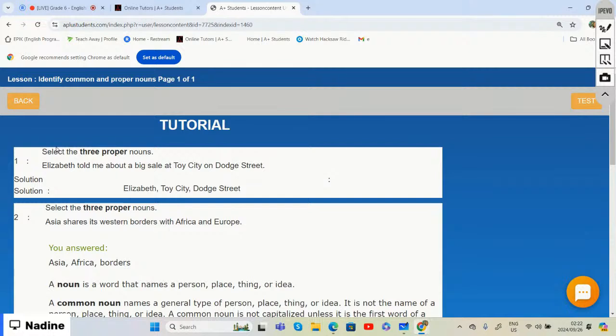Here it says we need to select three proper nouns within the sentence. It says Elizabeth told me about a big sale at Toy City on Dodge Street. We need to identify three proper nouns within that sentence.